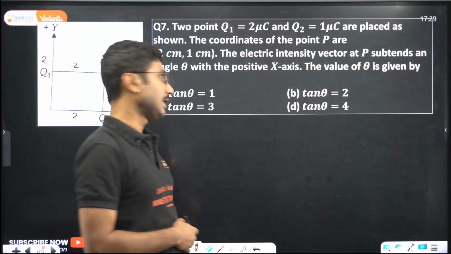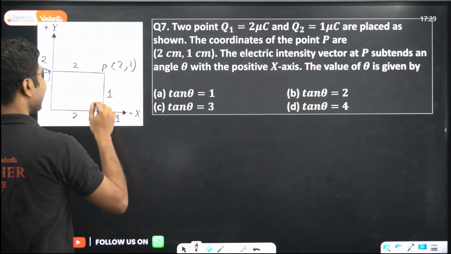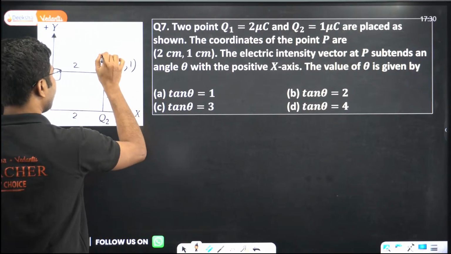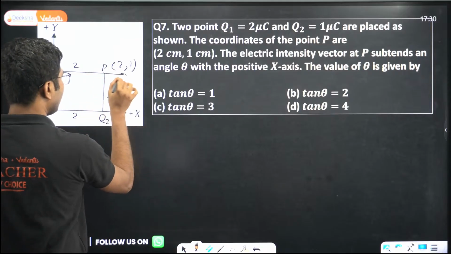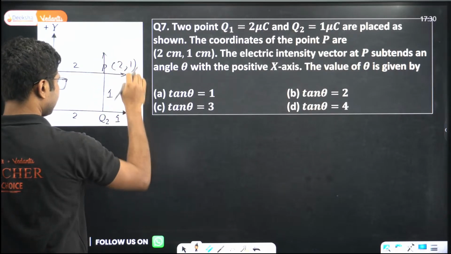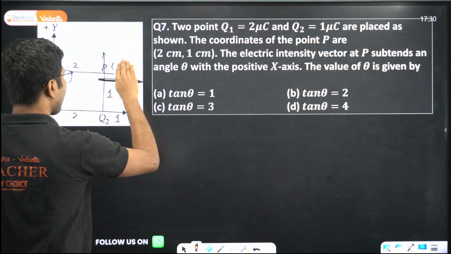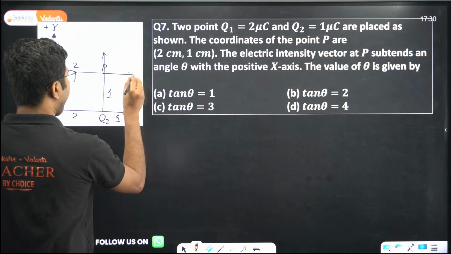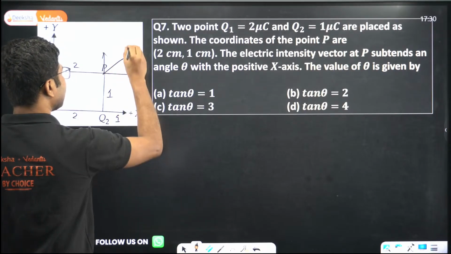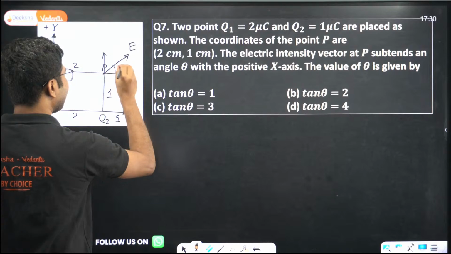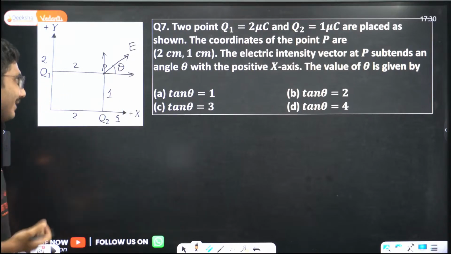Now they are asking you, if you calculate the electric field due to Q1, electric field due to Q2, and the resultant electric field, what angle it makes with this? Basically this is the question.